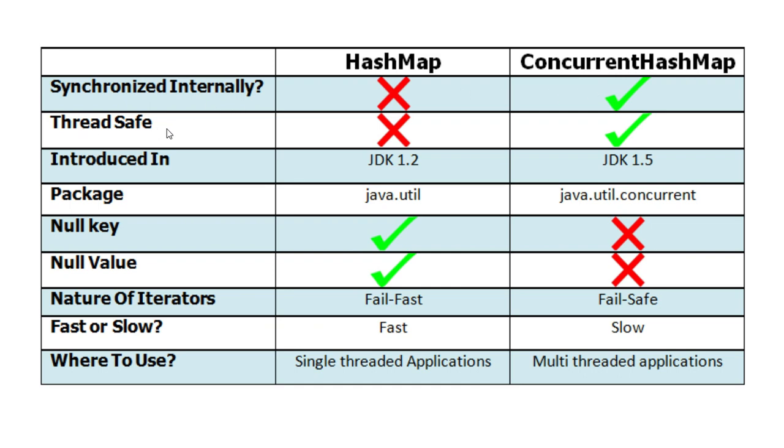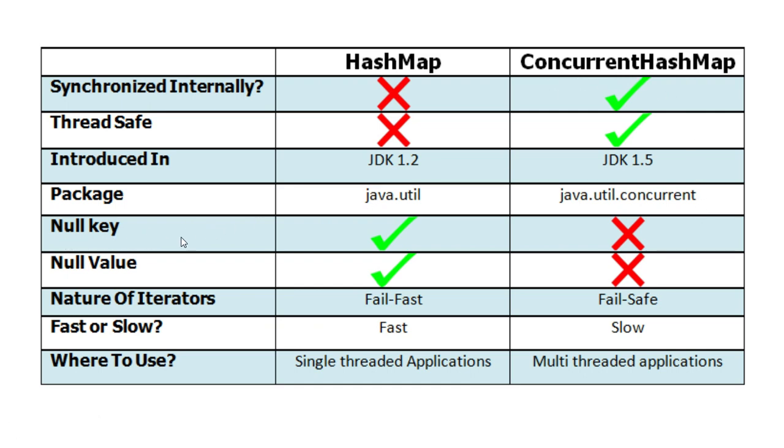Thread safe: in the hash map no, but in concurrent hash map yes, so that multiple threads can do the operations. Hash map was introduced in JDK 1.2, but in JDK 1.5 the concurrent hash map was introduced. Package: hash map is available in java.util, and concurrent hash map is available in java.util.concurrent.